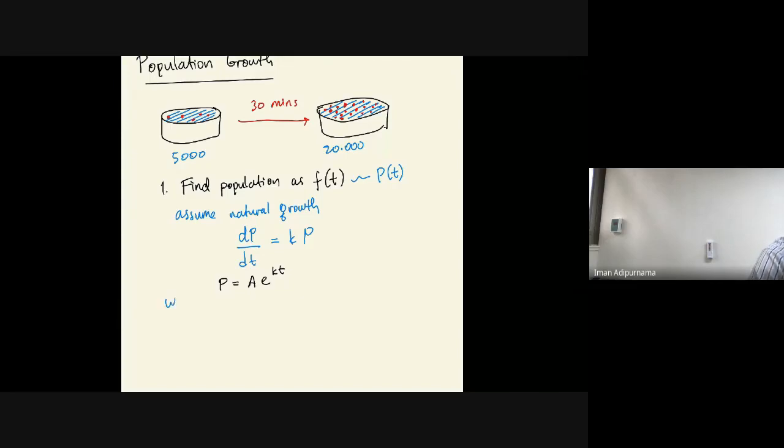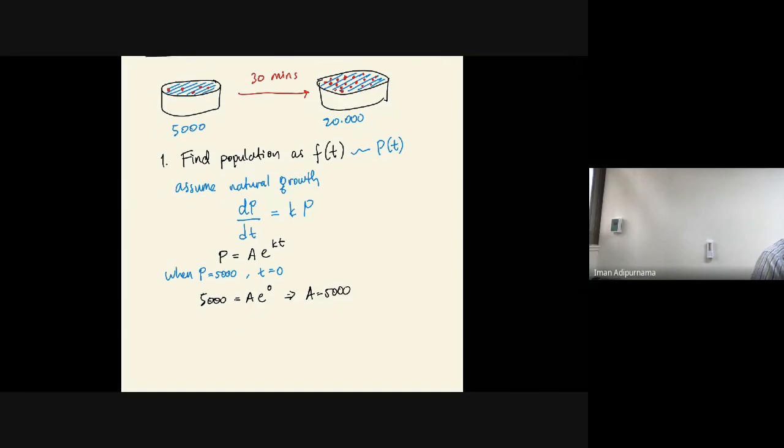When P is 5,000, let's decide 5,000 is our initial value. When P is 5,000, t is 0. So 5,000 equals A e^0, and I can conclude from here that A is 5,000.